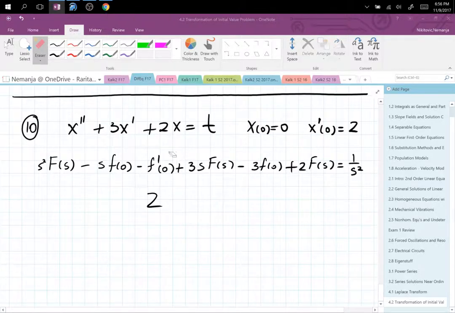Maybe I should call these, instead of using f's, maybe I should just call them x's because that's what they are. It's x of 0, x prime of 0, x of 0. Better?